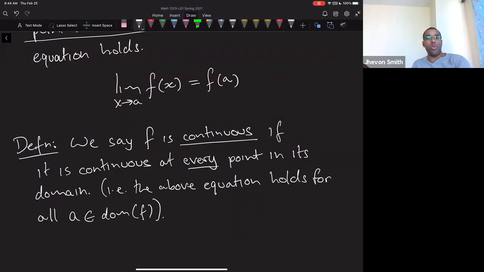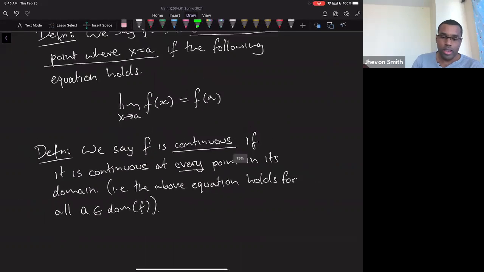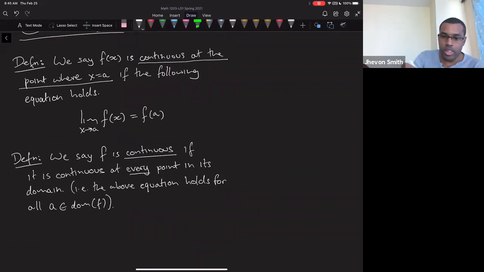So once your x value is in your domain, that equation is going to be true. If that is the case, we call such a function a continuous function. So this is our definition of continuity.